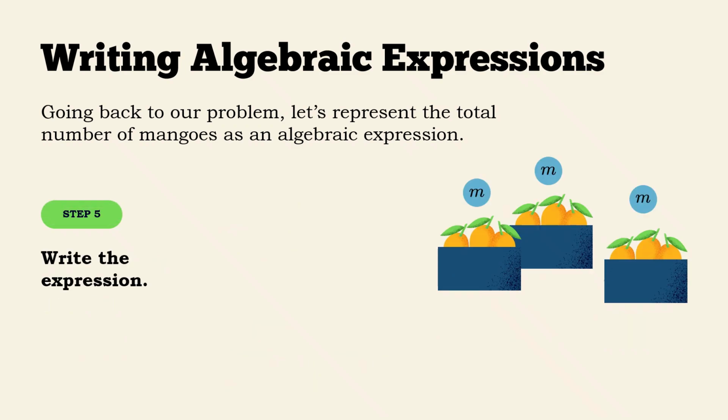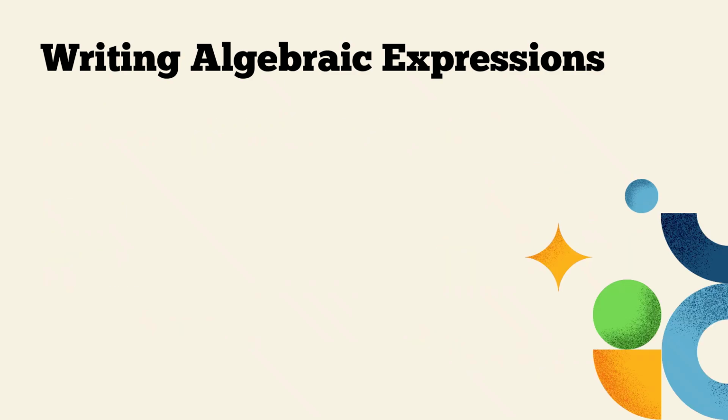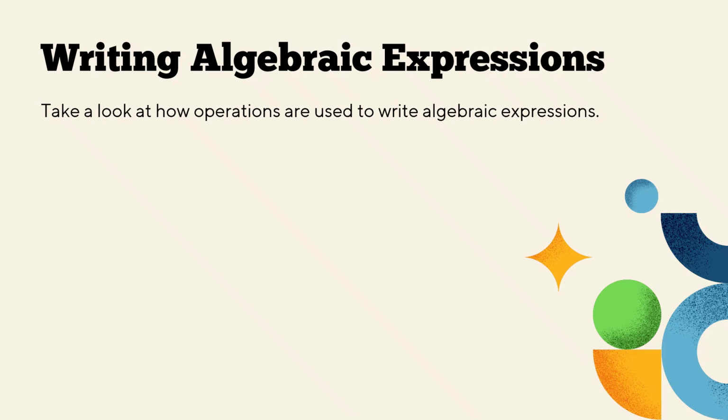Write the expression. The algebraic expression for the total number of mangoes is 3m or 3 times m. Note that we can also use the operation addition, which means that 3m is equal to m plus m plus m. Take a look at how operations are used to write algebraic expressions.